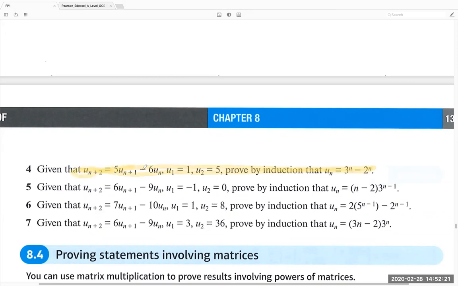Question 4. Now, it has given you u1 and u2. That means you need to show that u3 is true. That means P3 is true. So try to do it by yourself first.